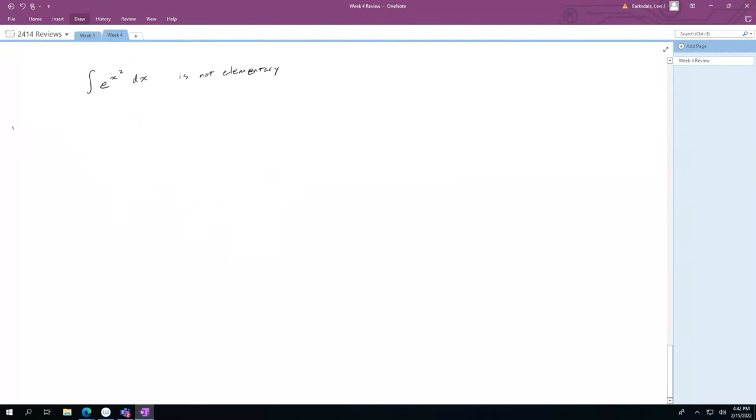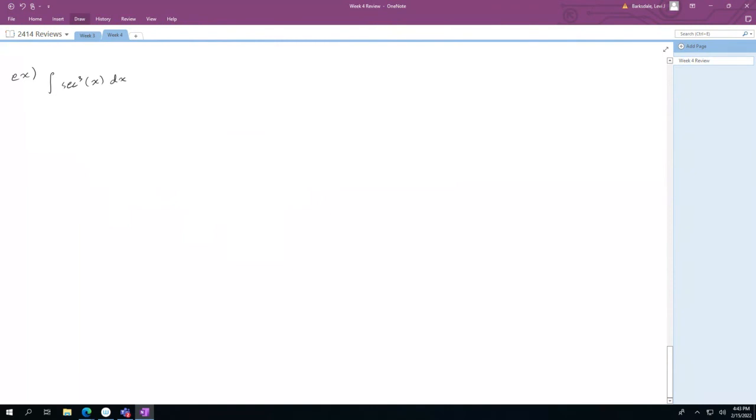All right. Let's go ahead and do an example. Let's see if we can integrate secant cubed. So first off, if I tried to do u substitution and let u equal secant of x, then my derivative is secant x times tangent x, but I don't have a tangent in here.